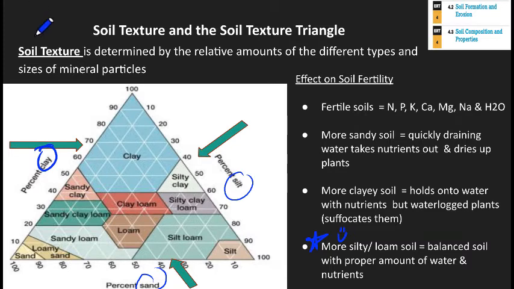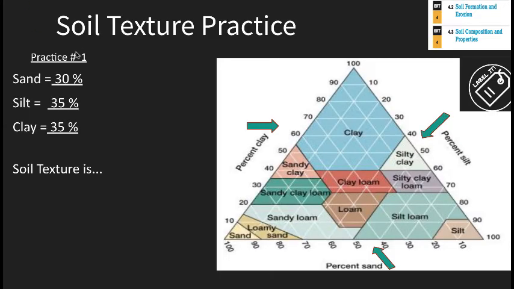Working our way through soil texture practice, one thing we need to look at is trying to determine soil texture by the distribution of particles: sand, silt, and clay. So in this example, I have 35% silt, 35% clay, and 30% sand. So we're going to use the triangle, and you can label this and draw it up as we go here about how this works.